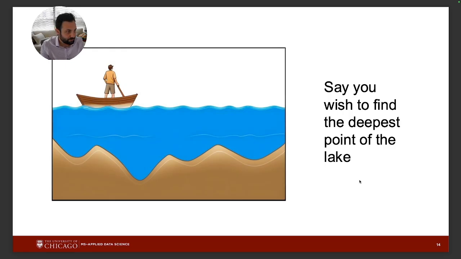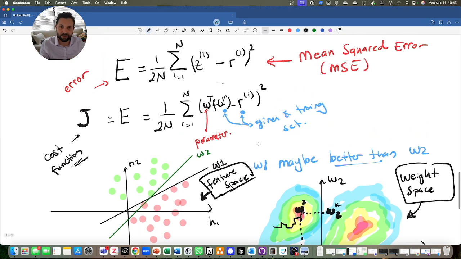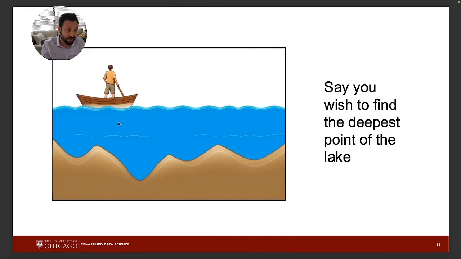Just like the equation that I showed here, which is again mean squared error, not good for classification. We are going to come back to it, but for any kind of weight value, given the data that you have, you can calculate this error.